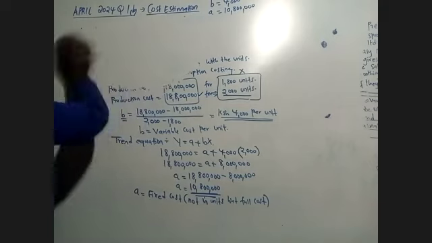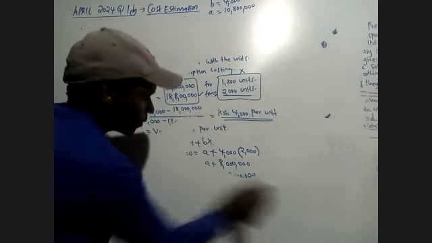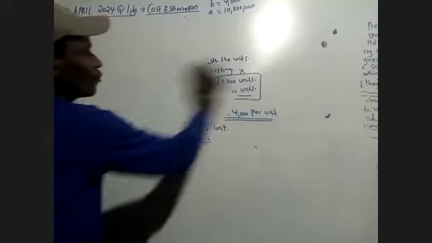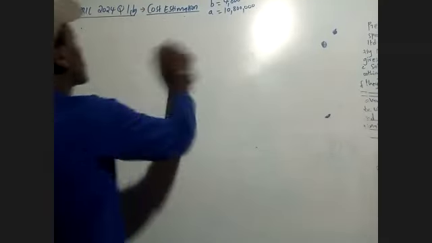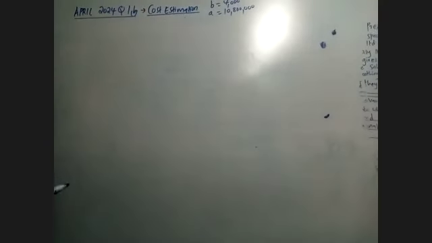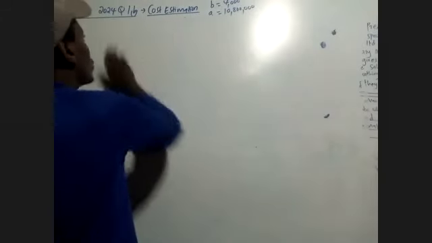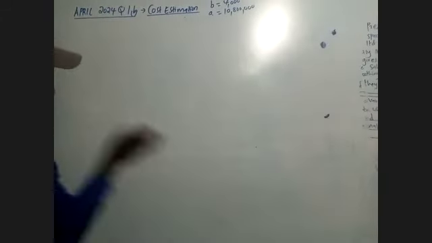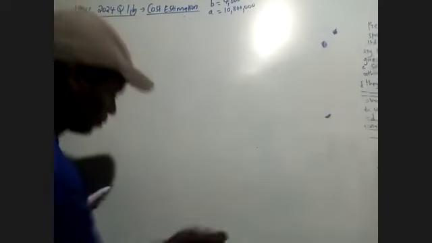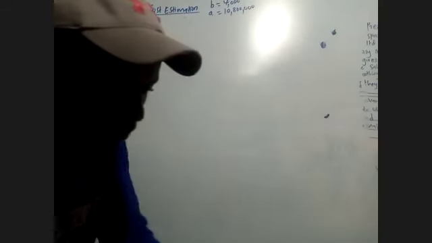Now let us do marginal costing. The question here has given us the statement in the form of absorption. Let us try in the form of marginal costing. So we shall need to come up with a statement. So this is the statement.